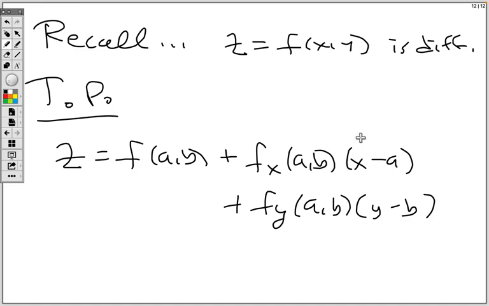So it's like you're starting at f of (a, b), you're doing a linear approximation, you've got the correction in the x direction plus the correction in the y direction. That was our thing there.